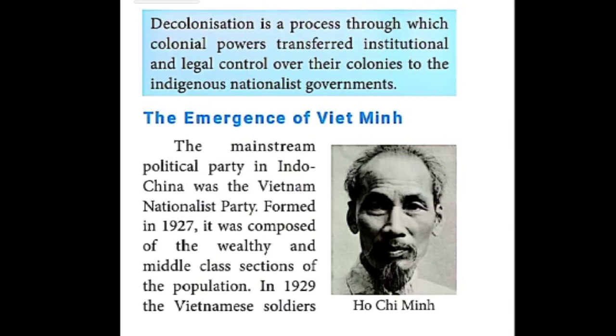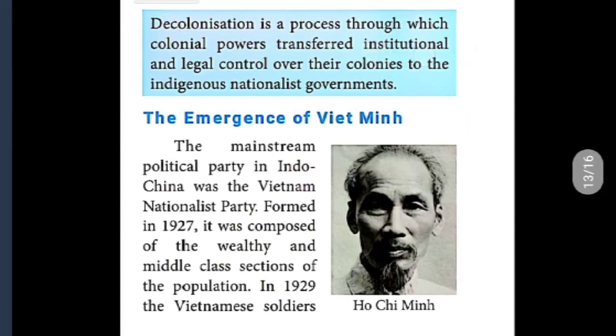Decolonization is a process through which colonial powers transferred their rights, institutional as well as legal control, to the indigenous, that is, native government, or the nationalist government.